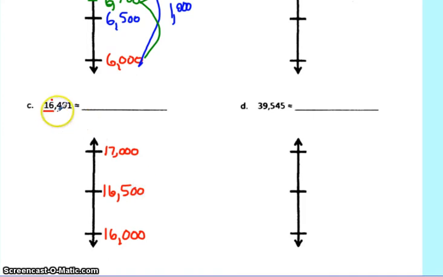It's 16,401. Well, we know 401 is less than 500, so we know it has to be somewhere in here. So now we can see easily that this is closer to 16,000 rather than 17,000. So what's the nearest thousand that 16,401 is? It's closer to 16,000.